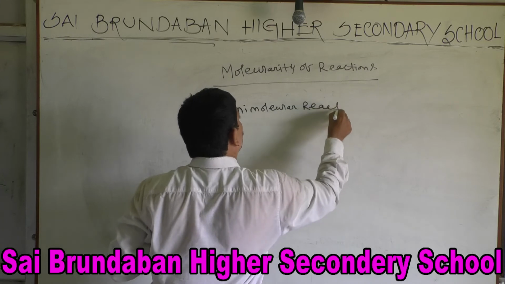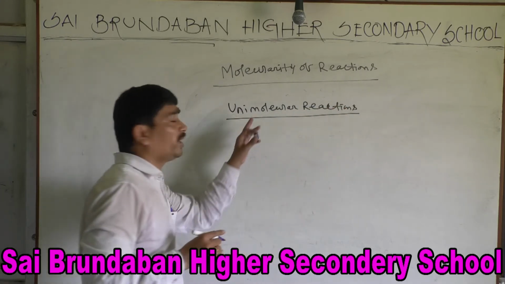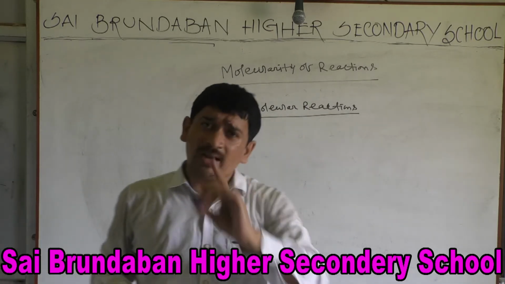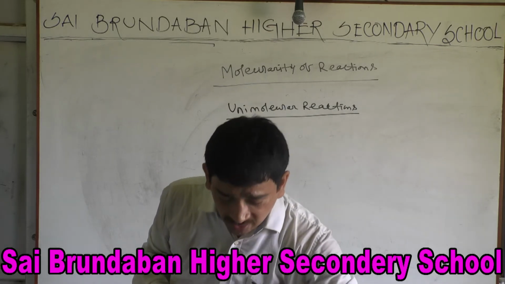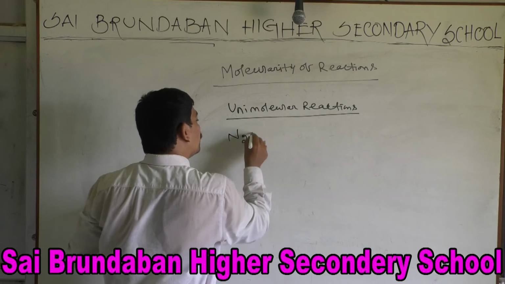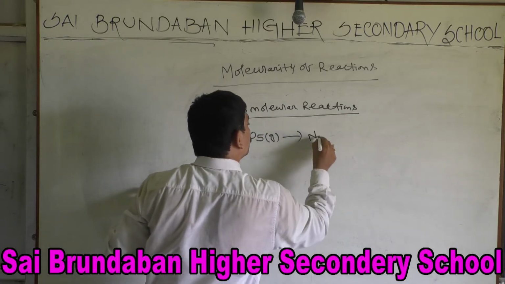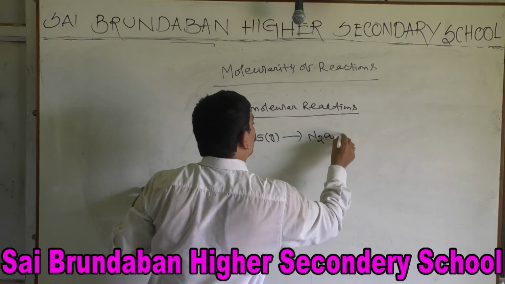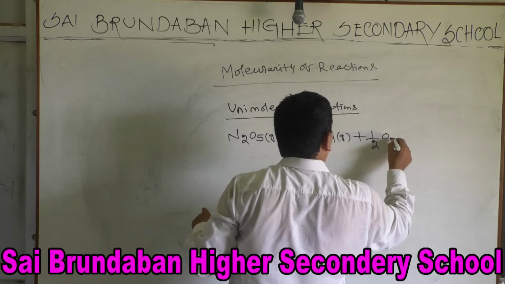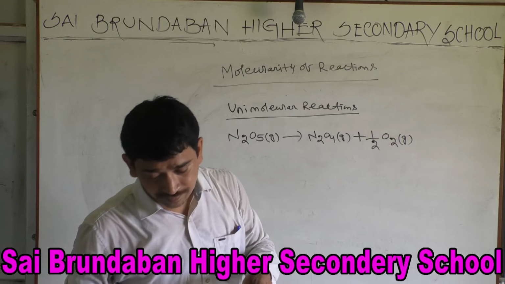Unimolecular reaction. Look at what is given. Unimolecular reaction. Molecularity is 1. So for this reaction, N2O5 gas gives N2O4 gas plus O2 gas.